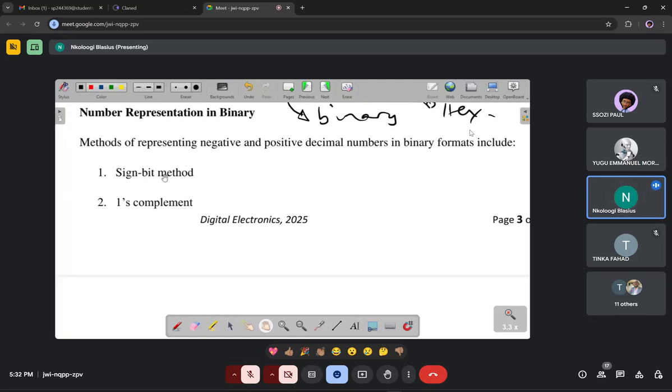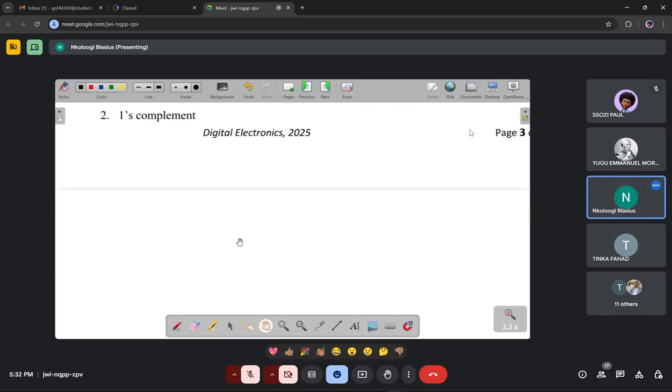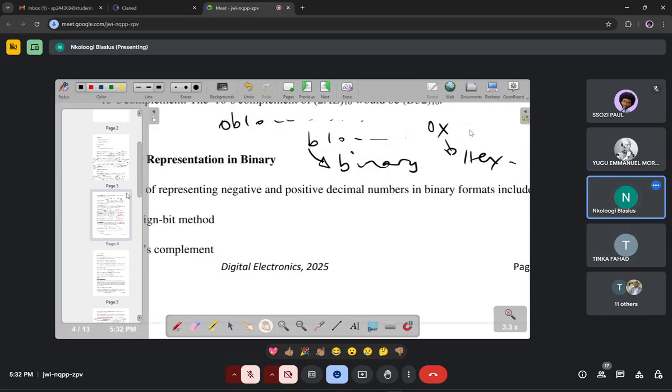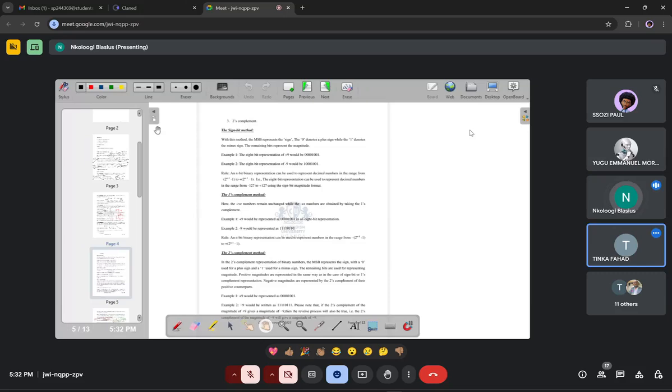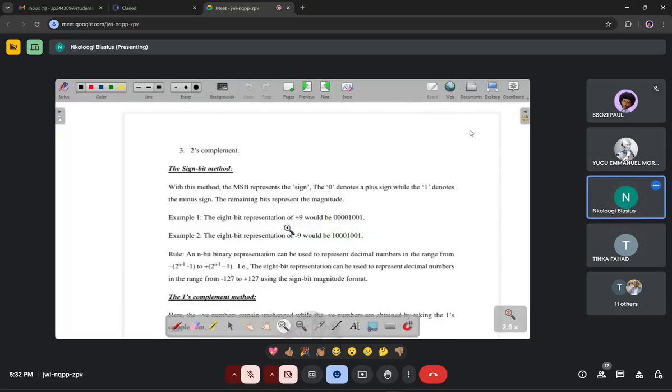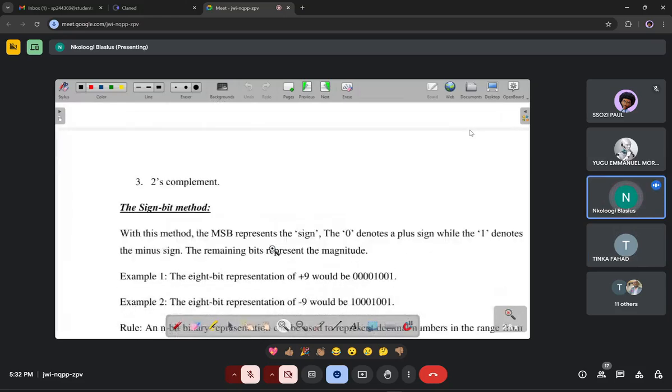Methods of representing negative and positive decimals in binary forms include the sign bit method, one's complement, and another one is two's complement. We are going to start with the sign bit method.